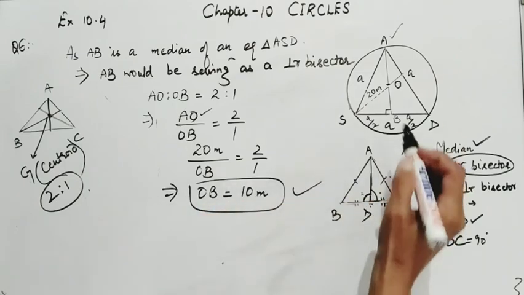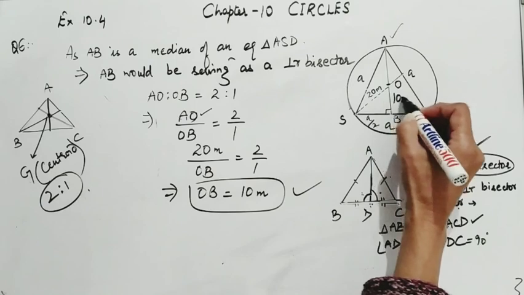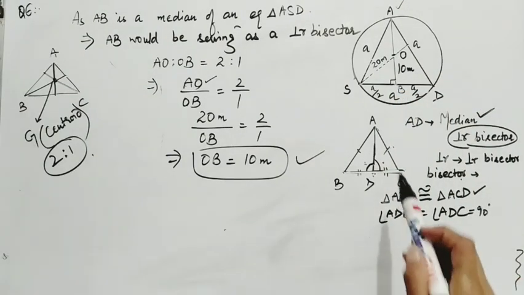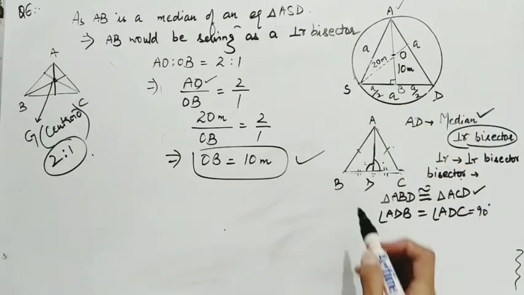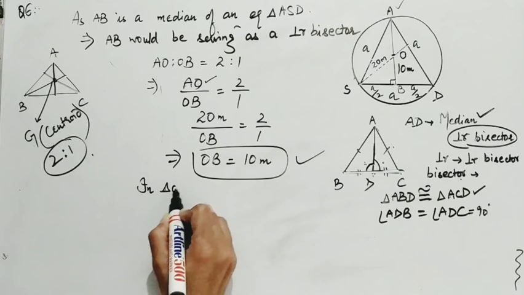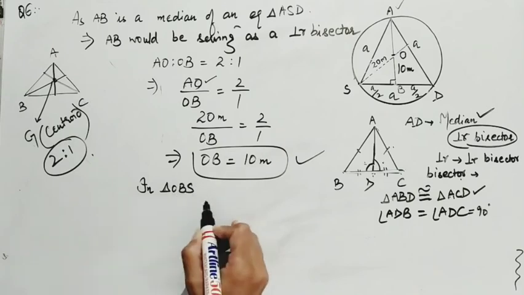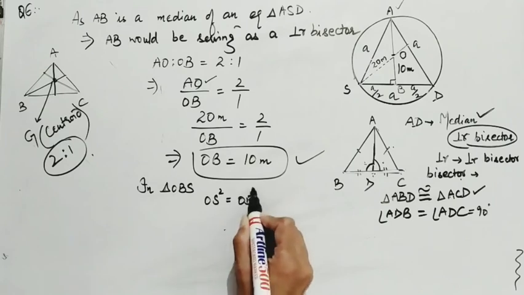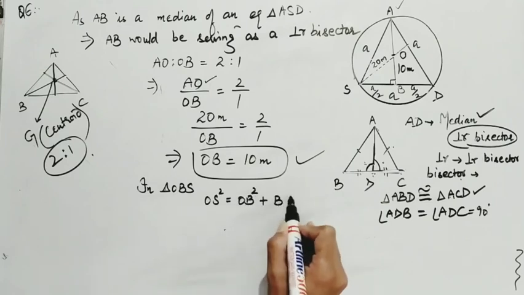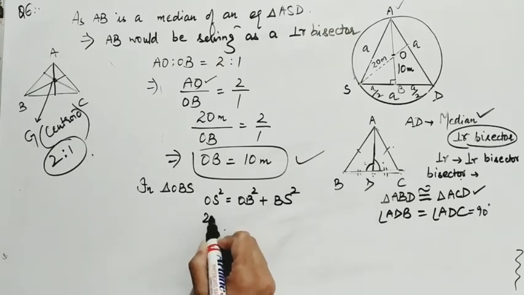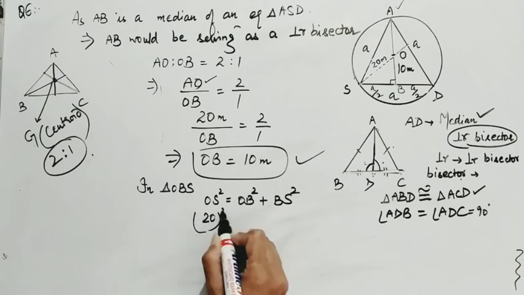And if OB is found as 10 meters, now we would be taking triangle OBS since it's a right angle triangle. Now in triangle OBS, OS square must be equal to OB square plus BS square. We have applied Pythagoras. Length of OS we already know, it is 20, square 20.